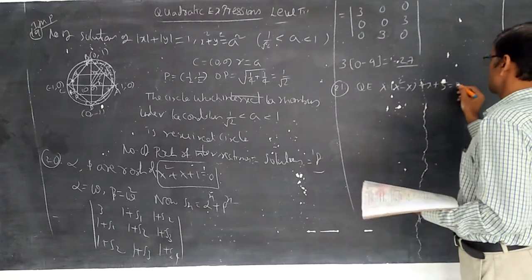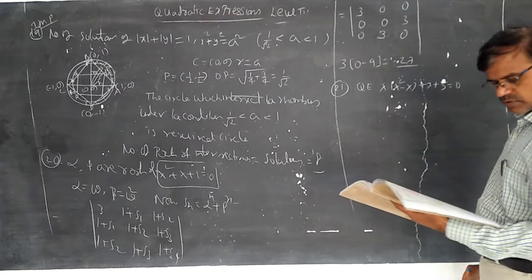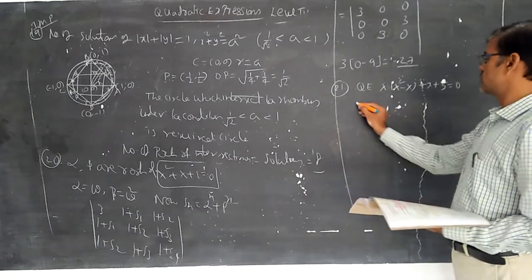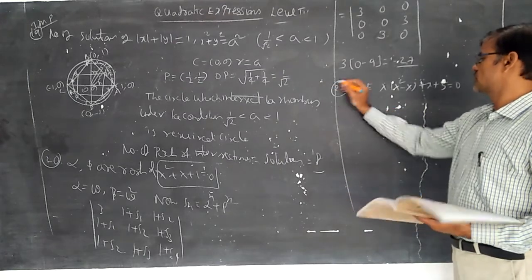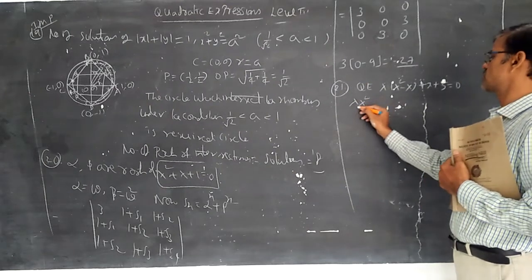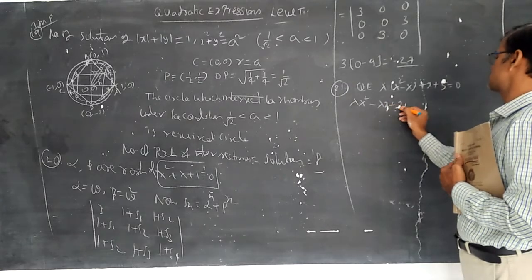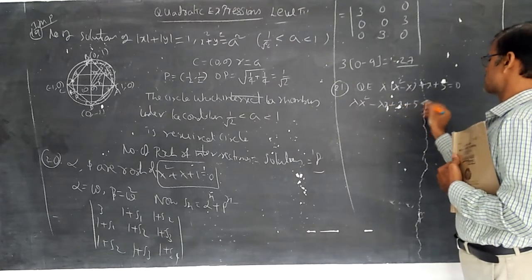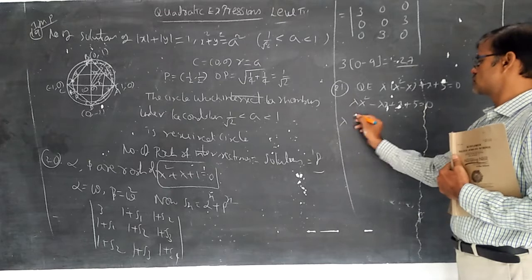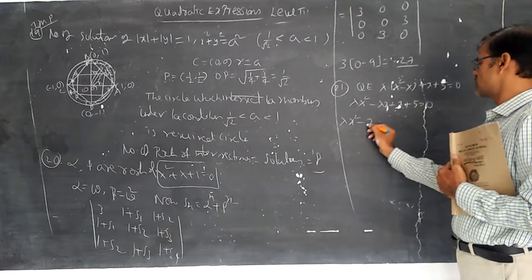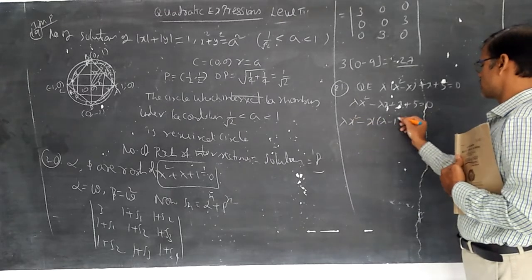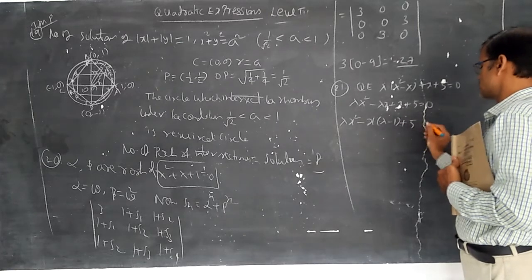Lambda into x square minus x plus 5 equal to 0. Alpha, beta are roots. Let us expand this: lambda x square minus lambda x plus 5 plus x plus 5 equal to 0. So lambda into x square minus x taken common, lambda minus 1 plus 5 is equal to 0.